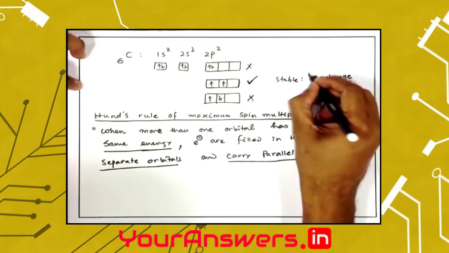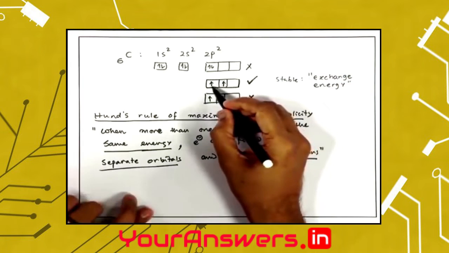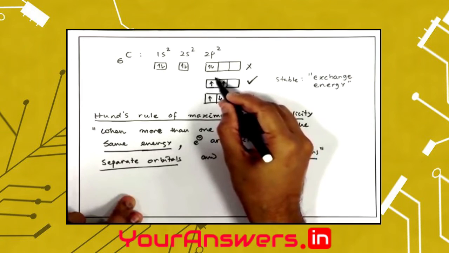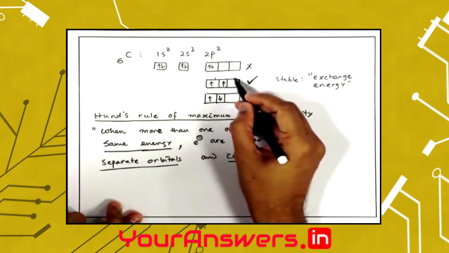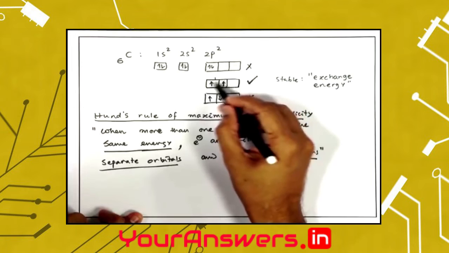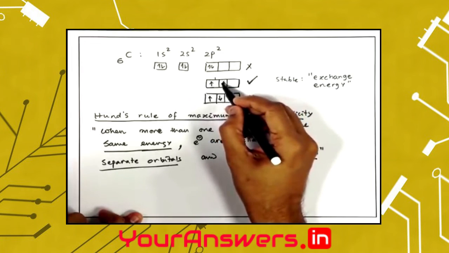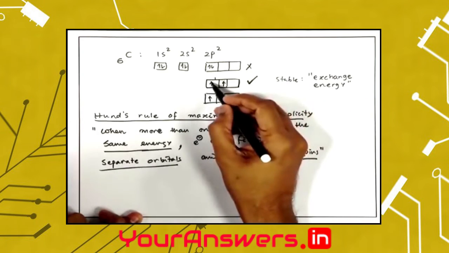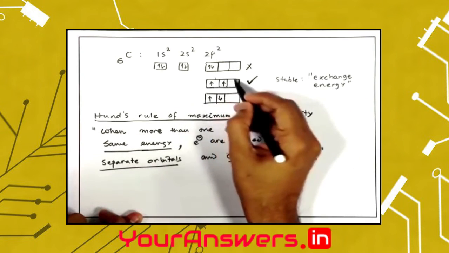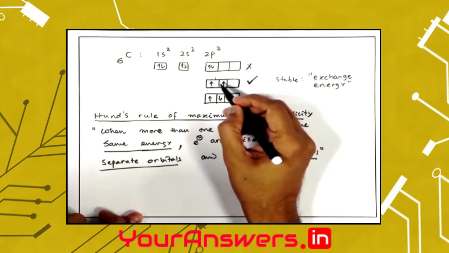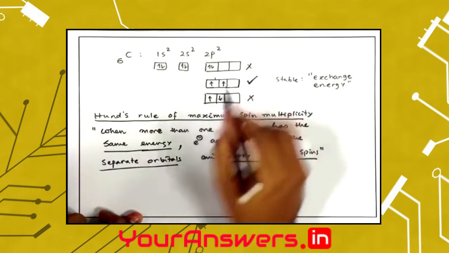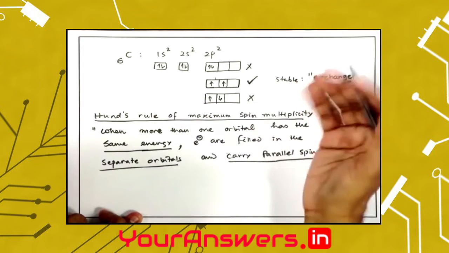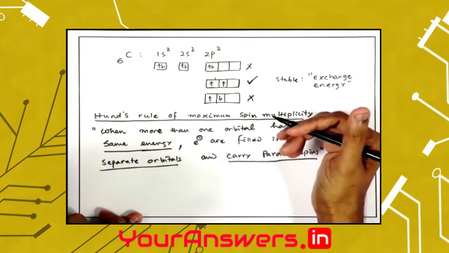What do I mean by this exchange energy? When the 2 electrons are in this way, each of these 3 compartments is equivalent. If I keep the 2 electrons with parallel spin, I have more possibility to exchange or interchange the electrons in these compartments, and by keeping them parallel, I invoke the indistinguishability of the electrons, and that gives me additional stabilization.